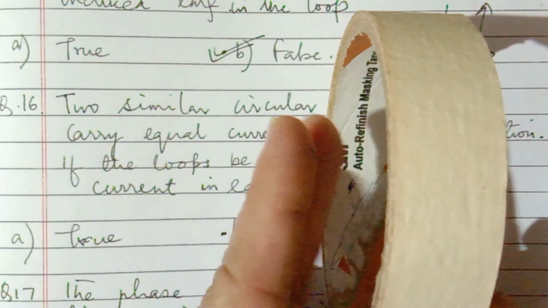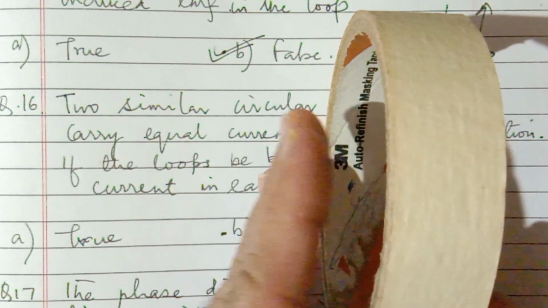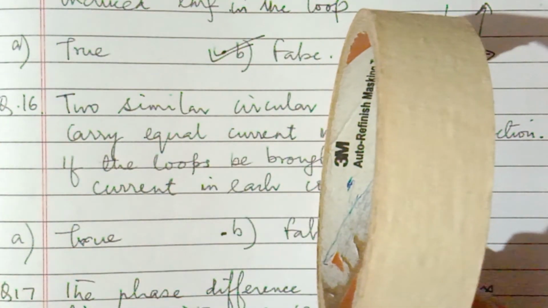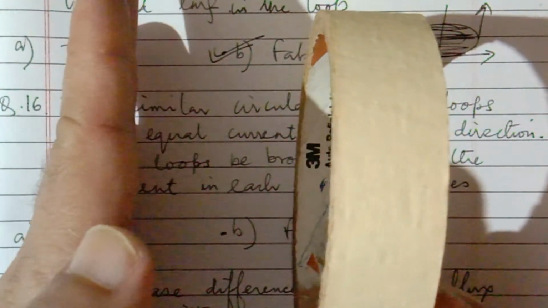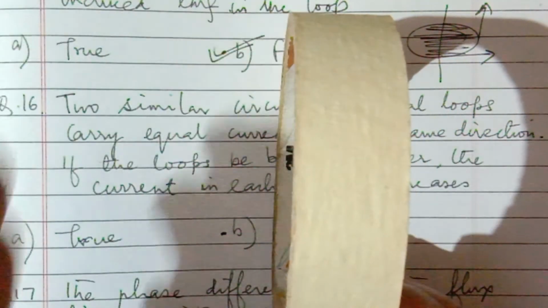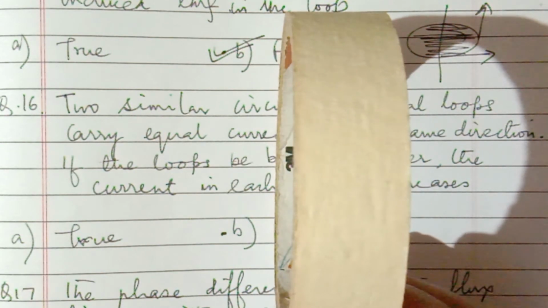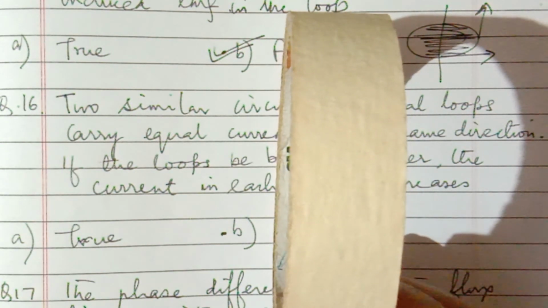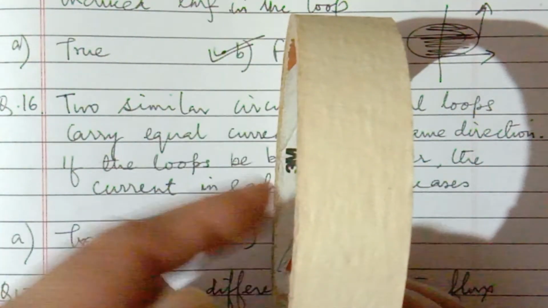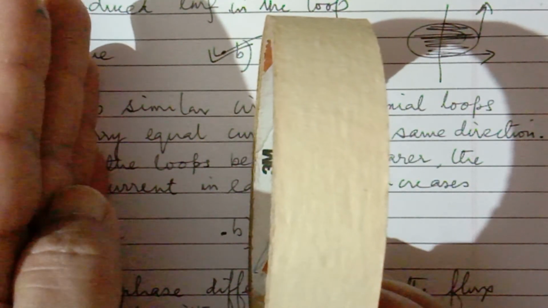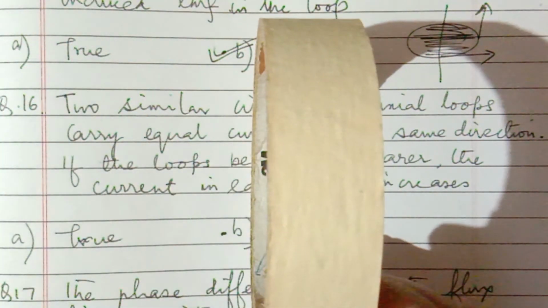So here the north pole will be there, and this side the south pole will be there. Then when you bring them close, flux will change on each other. Then induced EMF will be there, and each one will oppose the other. So here a north pole will be induced, and here a south pole will be induced.